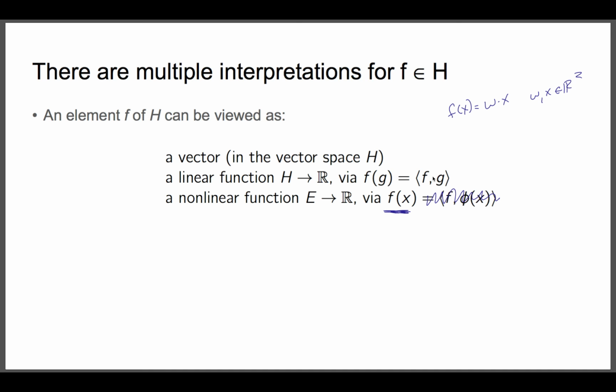So it's important to keep straight that there are multiple different interpretations of this object, and it's always good to keep straight in your mind which one we're thinking of at any given time.